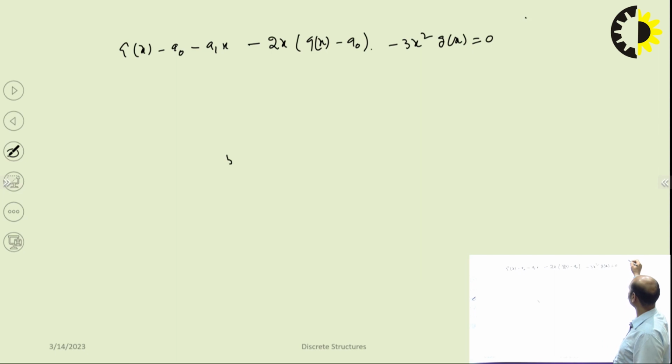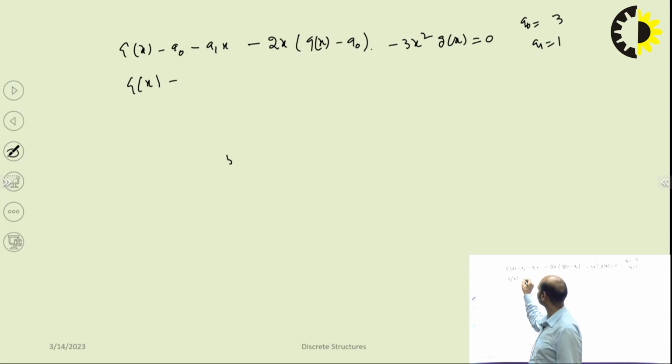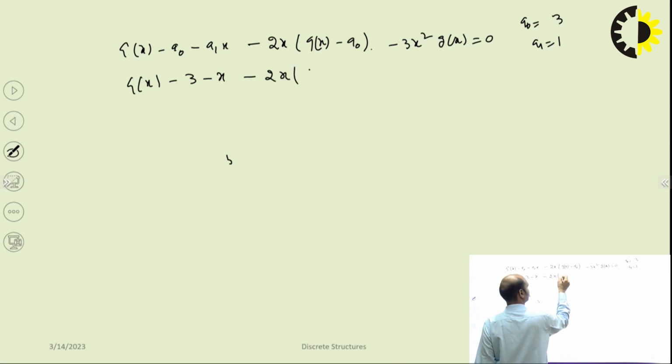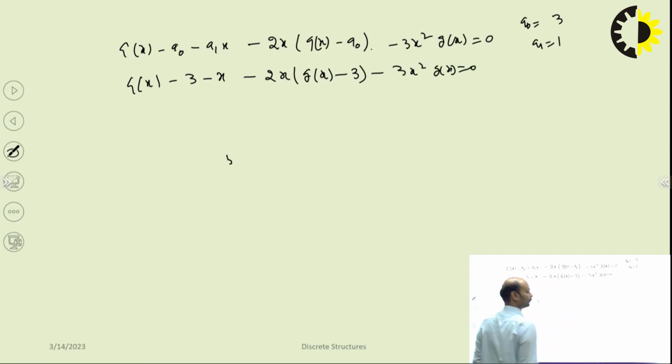Our initial condition is a naught is equal to 3 and a1 is equal to 1. We substitute our initial condition, then g(x) minus 3 minus x, minus 2x g of x and minus 3x square g of x is equal to 0.